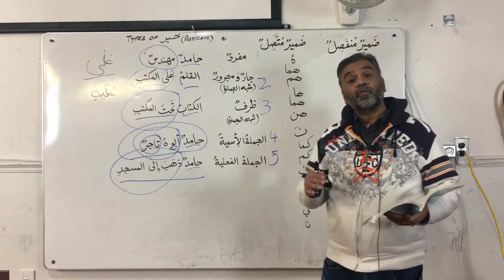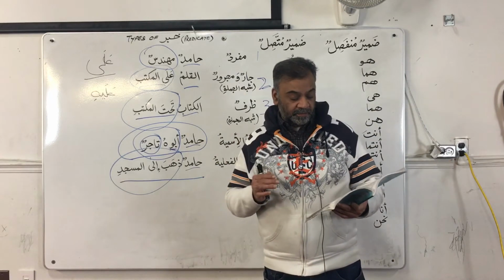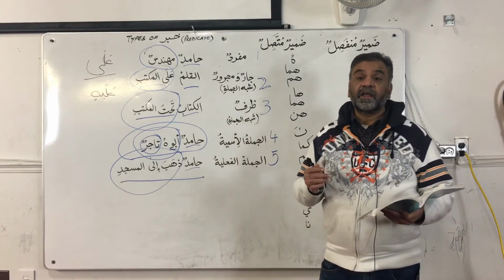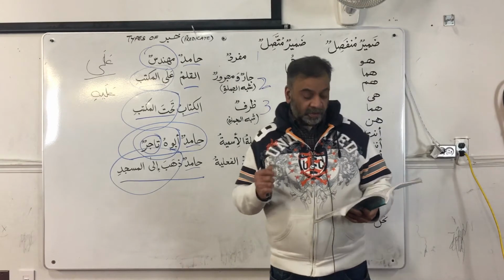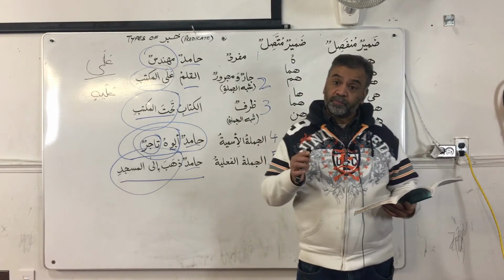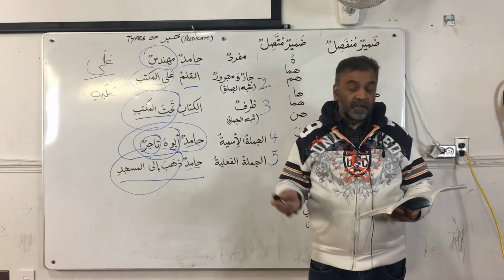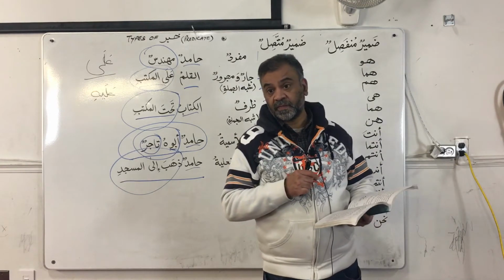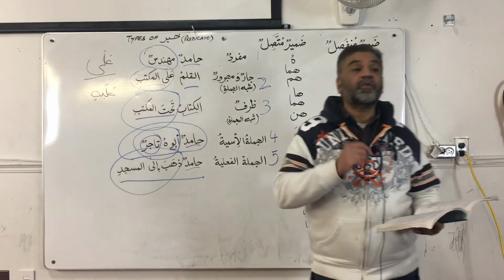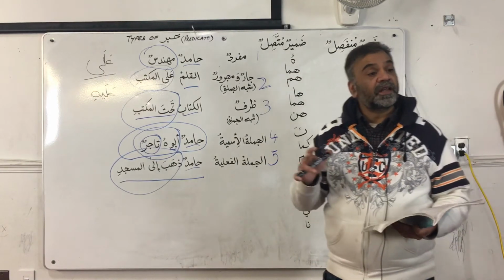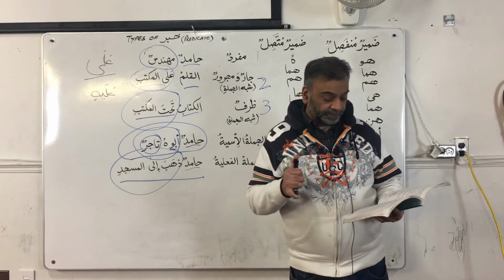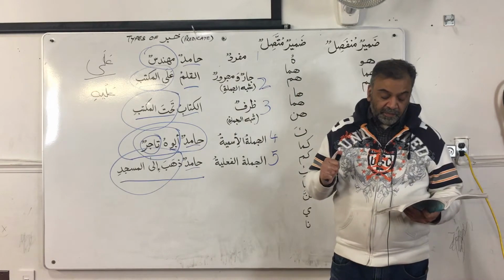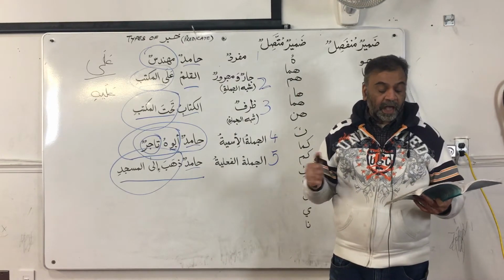Aina ummuhu, where is his mother? And then if she is also in Kuwait, you say ummuhu fil Kuwaiti, his mother is in Kuwait. Number 17, min aina Hamza, where is Hamza from?